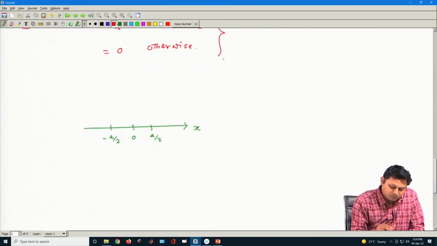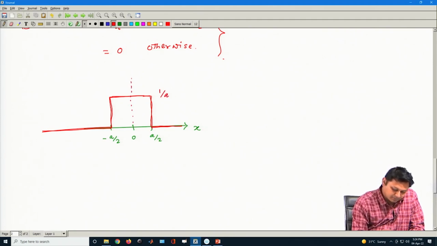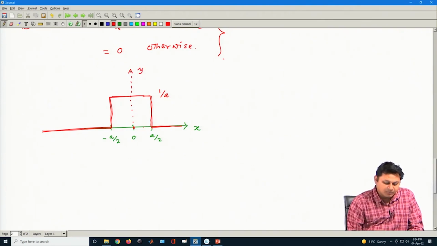Eventually I am having this step, this box kind of function, and it is 0 for all the other values. So, from here to here it is 0, suddenly there is a jump, we have a fixed value 1 by a here, then again there is a sudden drop, and then it goes to 0. This is my y axis, and this is the x equal to 0 point.